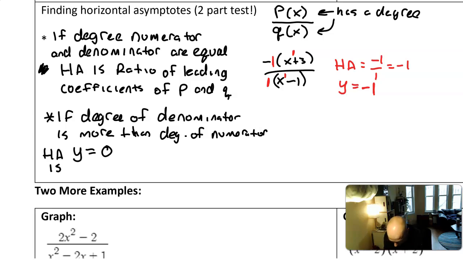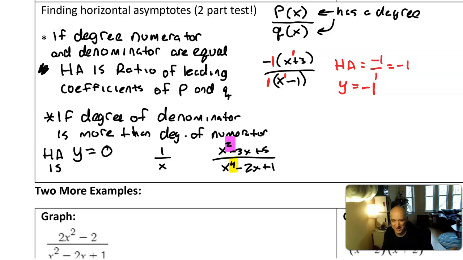So an example of this would be, well, 1 over x, right? This is degree 0 over degree 1. That's y equals 0. But it could also be something like x squared minus 3x plus 5 over x to the 4th minus 2x plus 1. The degree of the denominator is higher than the degree of the numerator.